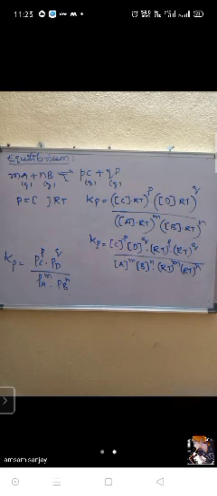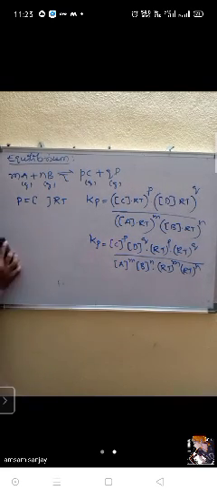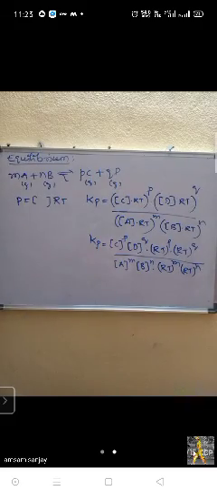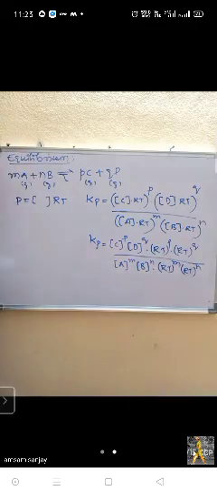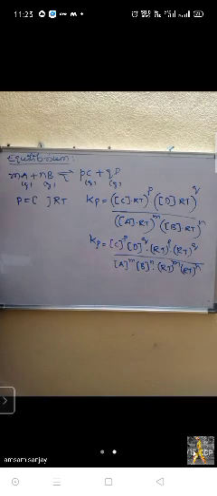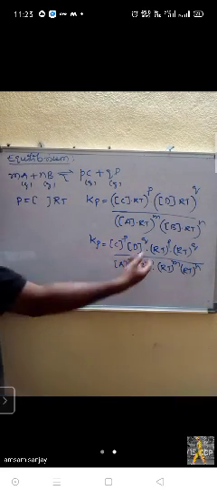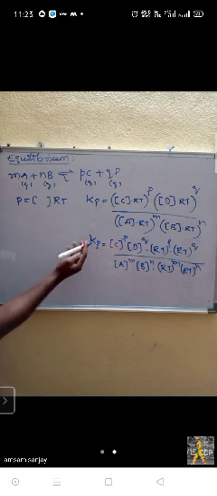The next step, carefully. Sir, these bases are equal, no? RT, RT. Then what should I do with the powers? These bases are equal. What should I do with the powers? Add the powers. Now next step I am writing this.